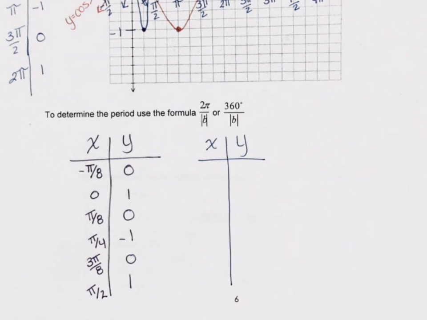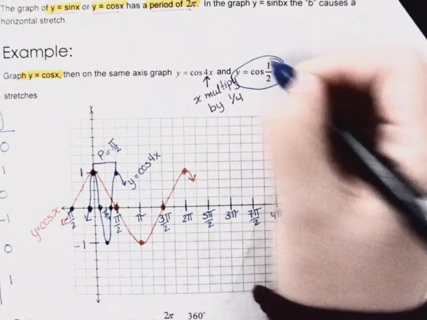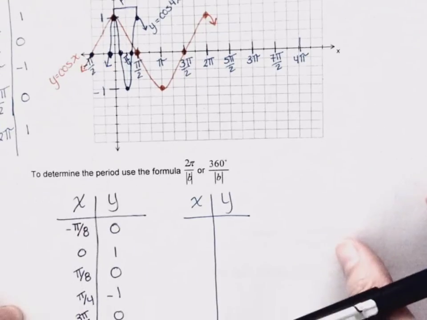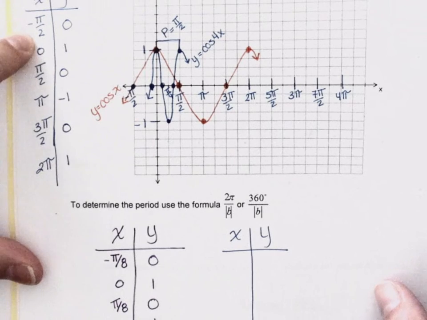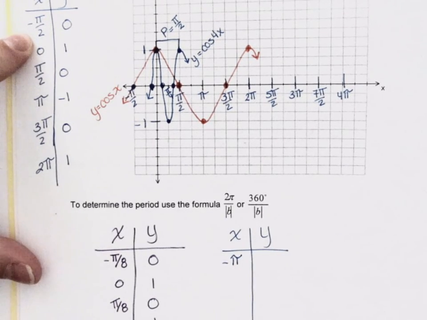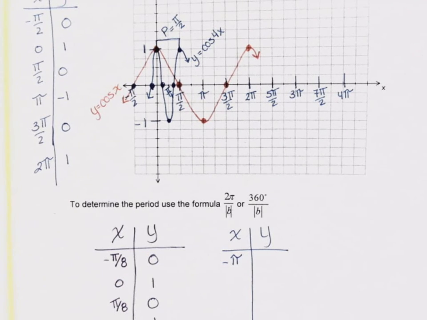Okay, so if we look at this equation, what are we doing to the x values? We're multiplying by the reciprocal, so 2. So we're going back to our original chart here. At negative pi over 2 times 2, I should be at negative pi. Because the number is in front of the x.